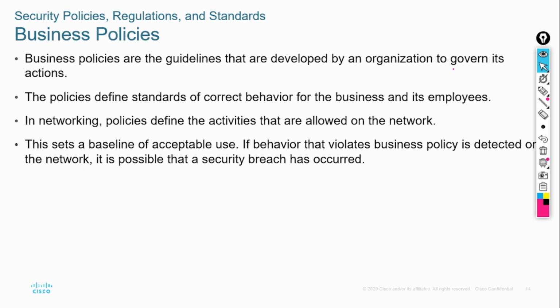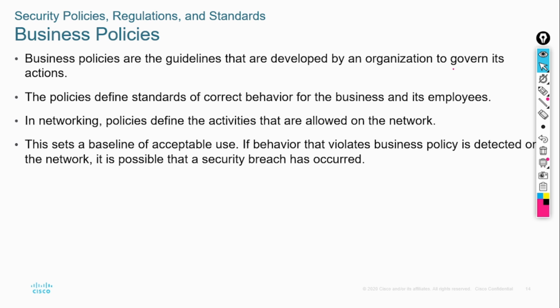So let's look at some of the security policies and regulations that can help us ensure that we enforce some of those concepts we've talked about, especially security in depth. When talking of policies, we have what we call business policies, and these are just guidelines developed by an organization to govern its actions.